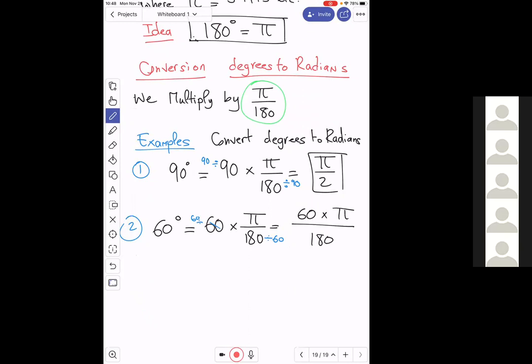And then you reduce your fraction, as you said. You divide 60 over 180 by 60, so that's pi over 3. It's the same thing, because you can think of this 60 as a fraction, 60 over 1, right? So you have your 60 in the top and your 180 in the denominator. It's just the same thing.